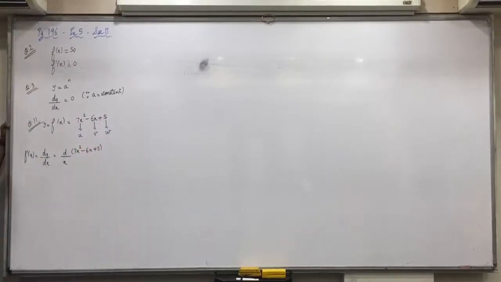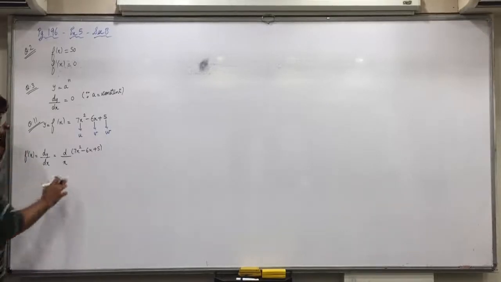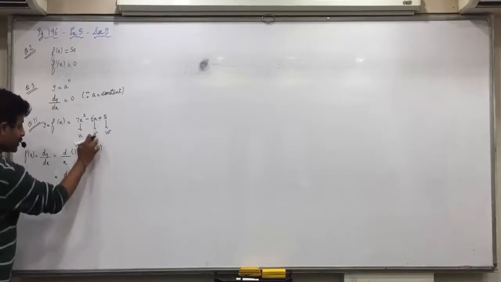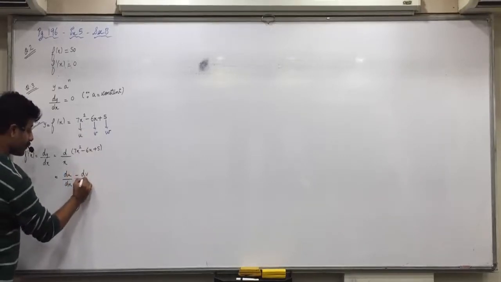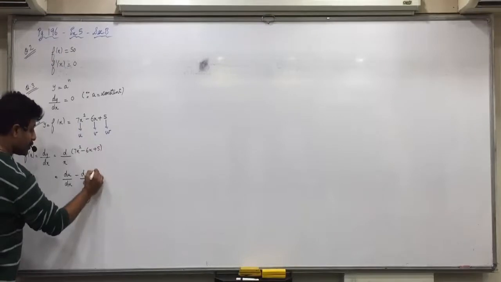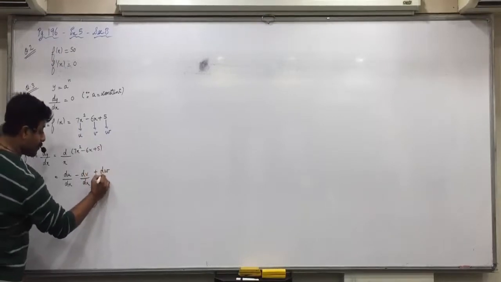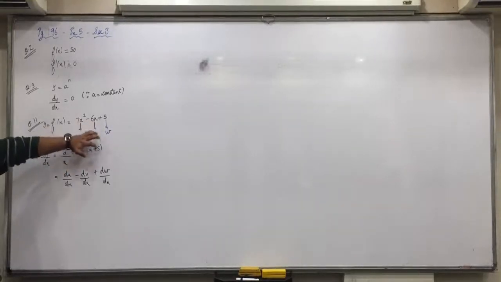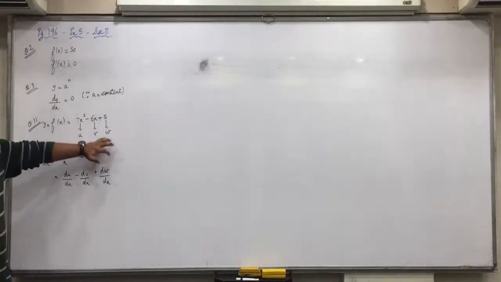Raise your hand who did not understand this. Now, we studied that dy by dx equals du by dx plus minus dv by dx. In this question, applying the same rule, can I say du by dx minus dv by dx plus dw by dx?